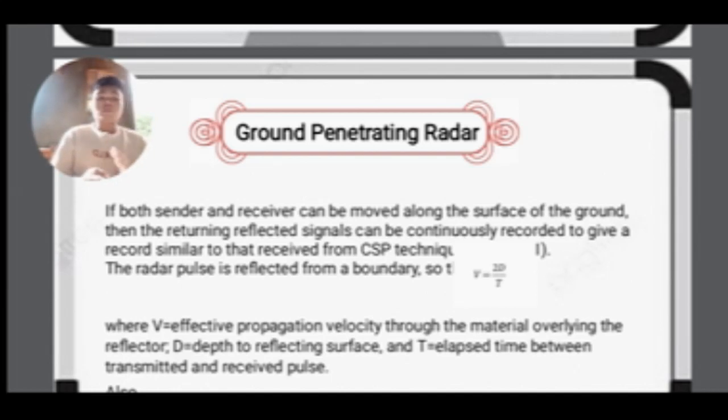Impulses have also some capacity to penetrate the ground and to be reflected from less permeable layers in ways similar to other seismic shock waves. So naga-detect jud siya.